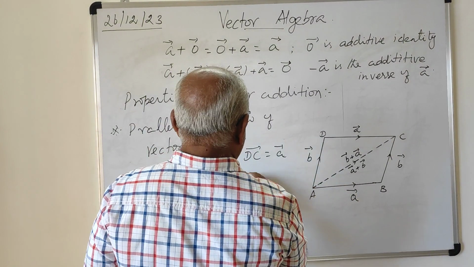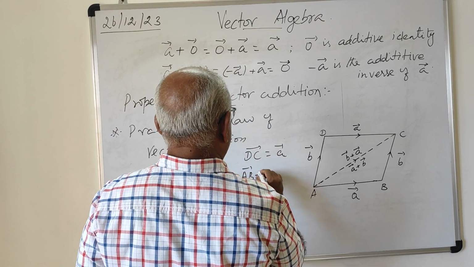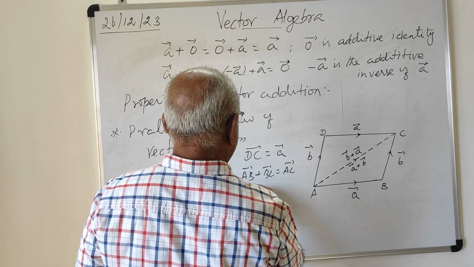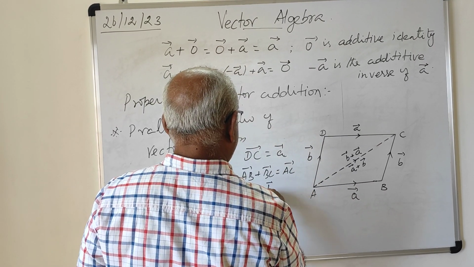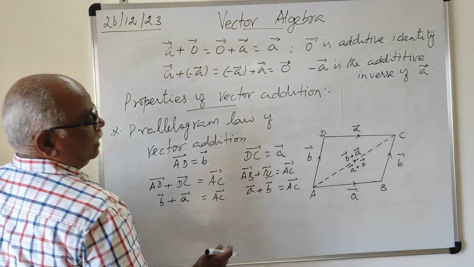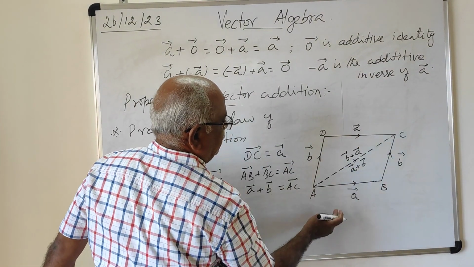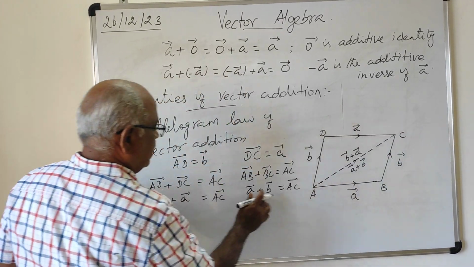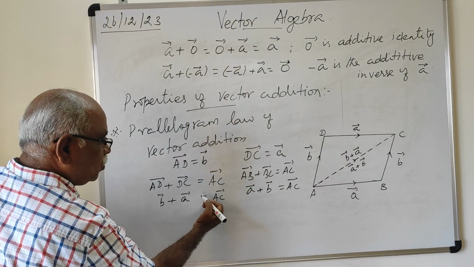In the lower triangle, AB plus BC is also AC. AB is A vector, BC is B vector. So A plus B equals AC vector. Similarly, B plus A is also AC.